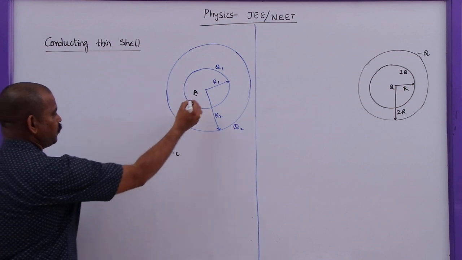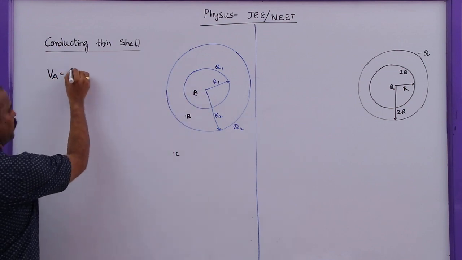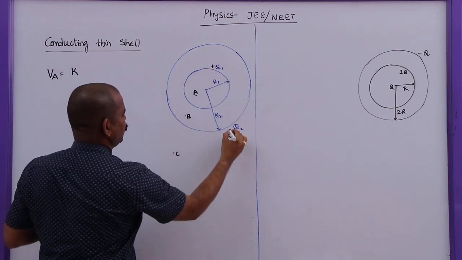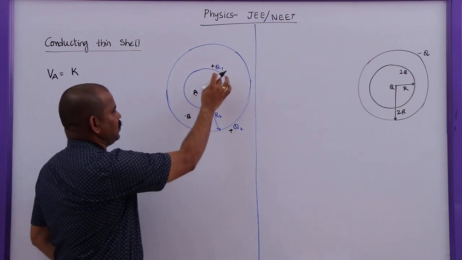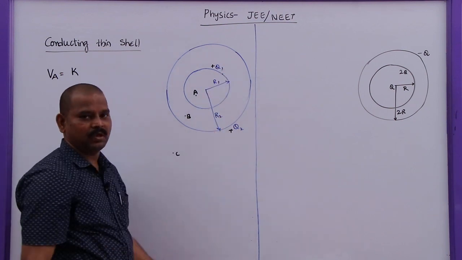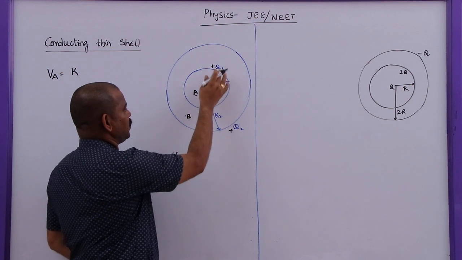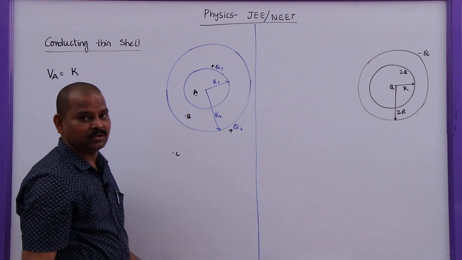Now how to find out the potential at this point A? The potential at point A is given by K. The charge on this one is plus Q1, charge on this one is plus Q2. Whatever charge is present on the shell, the potential on the surface will be K Q1 by R1. The same potential can exist at this point also. That means potential on the surface equals potential within the surface.